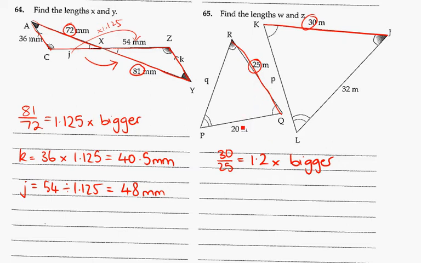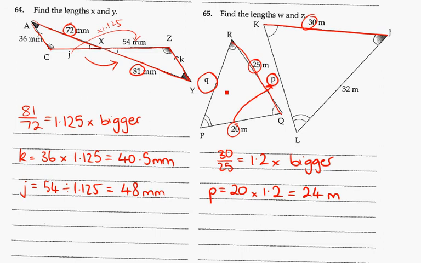So that means this here, between the double and the single corresponds to P. So to find P, we're going to go 20 times 1.2, which will work out nicely to be 24 metres. And clearly here's the shaded and the double angle, shaded and double.